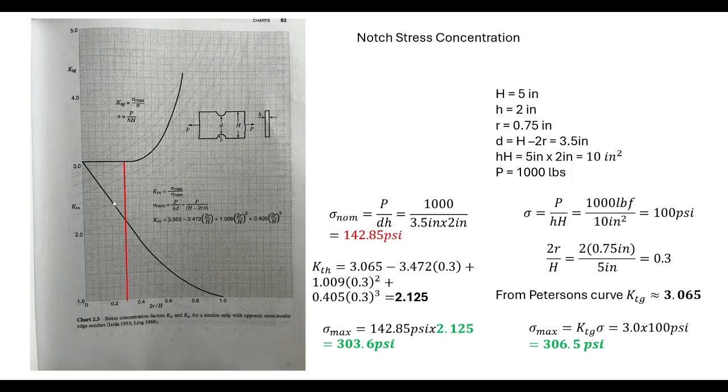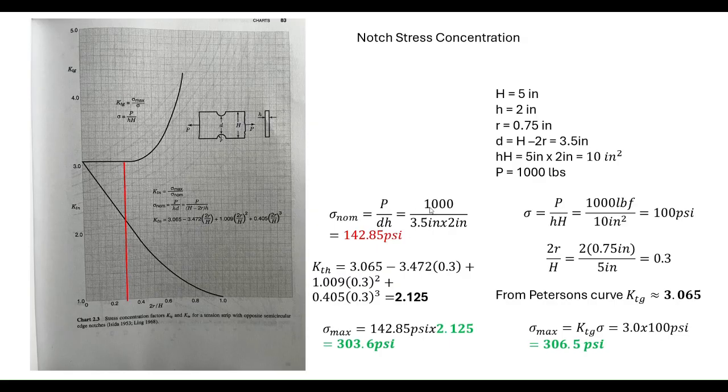Now, this curve, the stress concentration factor, is going to be relative to what we call the membrane stress in the notch. So it would be the tensile stress where this D is shown here. And I've calculated what they refer to as the nominal stress here, P over H minus 2R times little h.